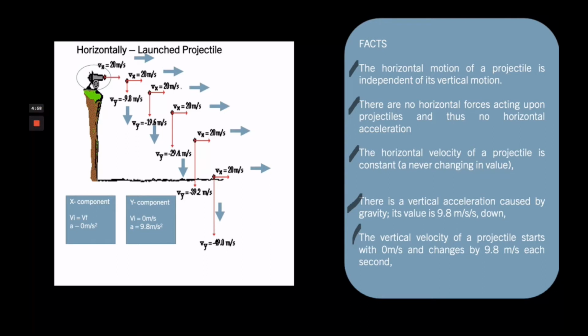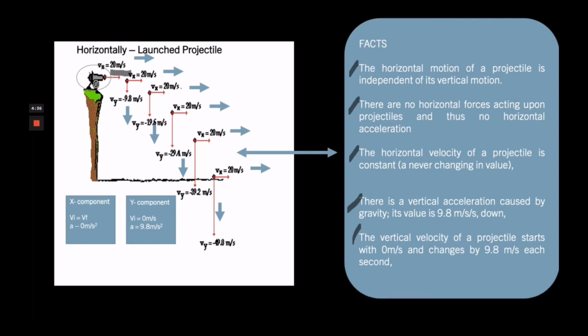Let's take a look at launching a cannonball from the top of a very high cliff with an initial velocity of 20 meters per second. Let us focus on the horizontal motion.